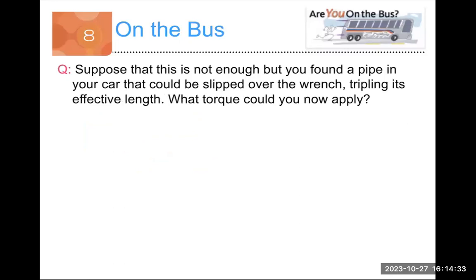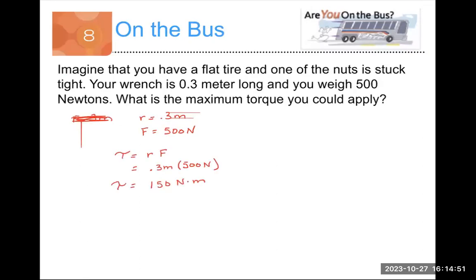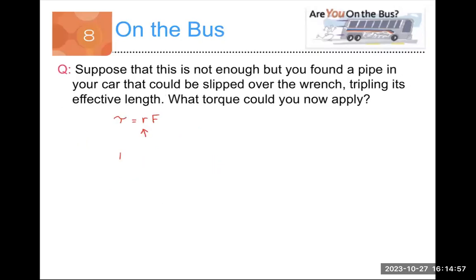Well, remember that torque equals R times F. So if I'm going to triple R, my torque is going to be 3 times as large as it initially was. Initially, my torque was 150 Newton meters, and now I've tripled it. So now my new torque is going to be 450 Newton meters because of putting that pipe over it.